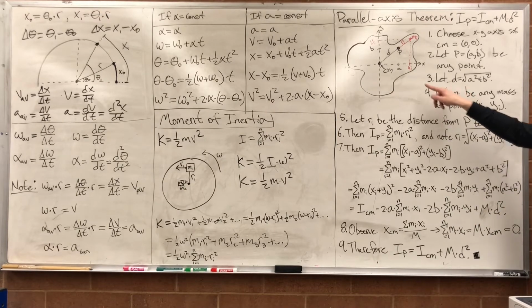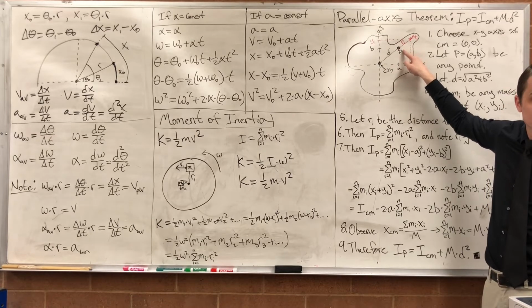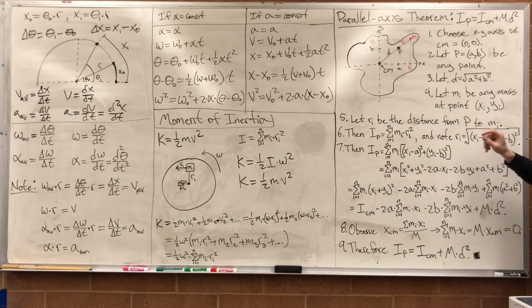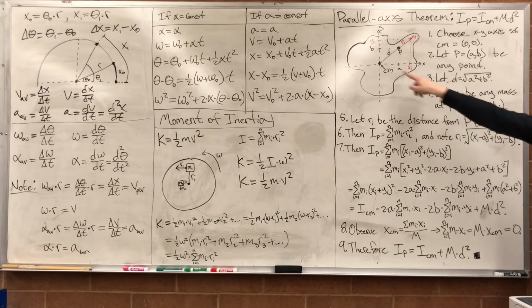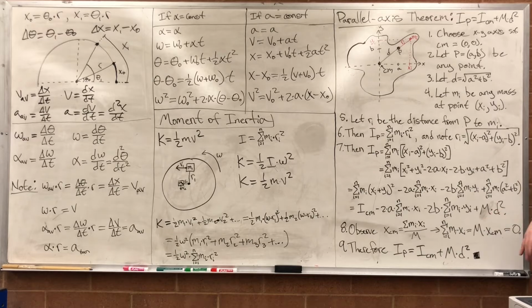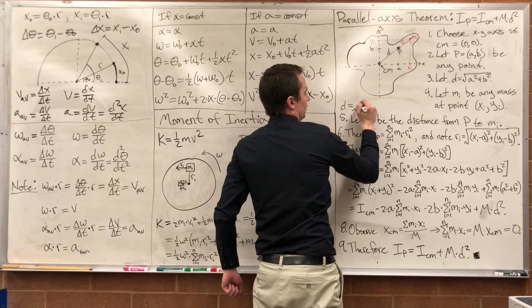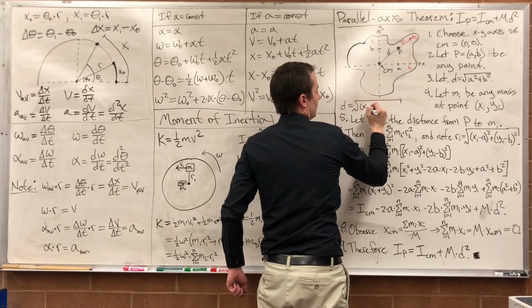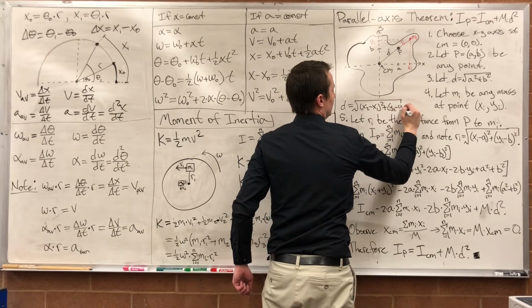Now I'm going to say d is the distance from the center of mass to P. How do we calculate that distance? Since the center of mass is at the origin, it's just the square root of a squared plus b squared. So just the Pythagorean theorem, or more importantly, the distance formula. The distance between any two points in two dimensions is d equal to the square root of (x2 minus x1) squared plus (y2 minus y1) squared.